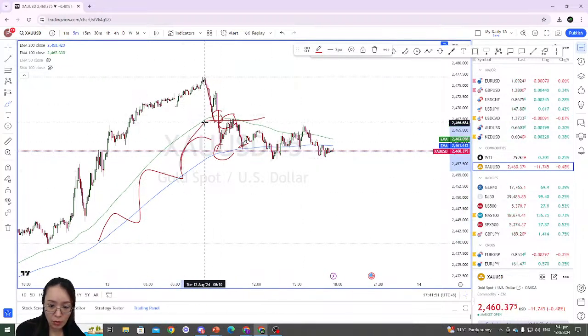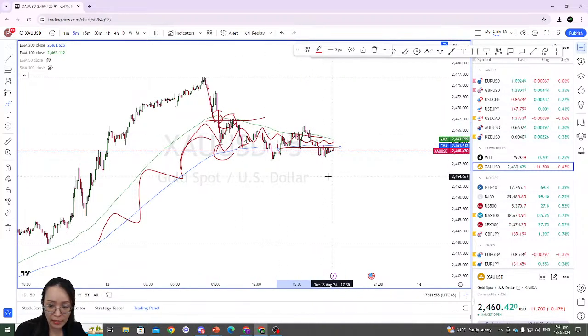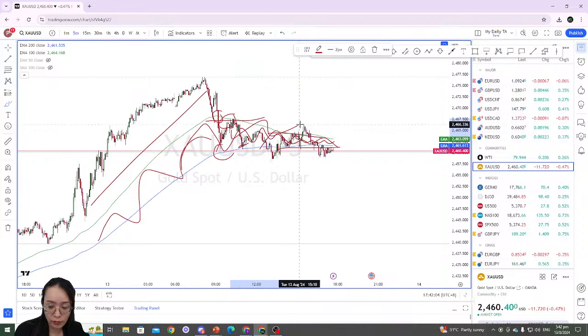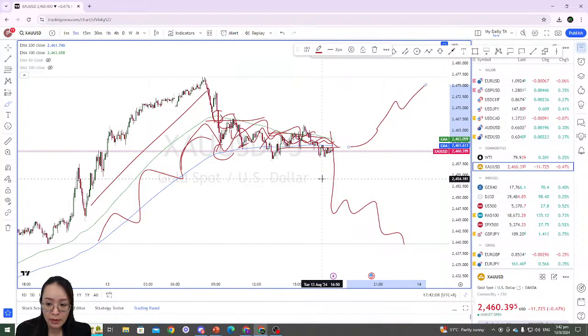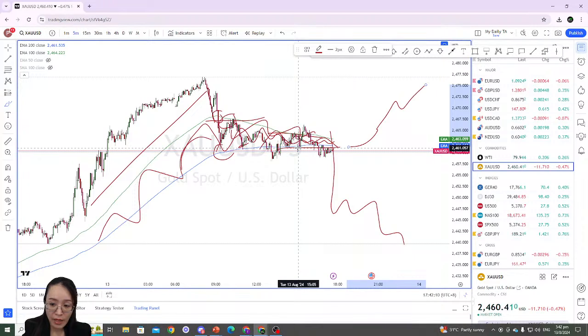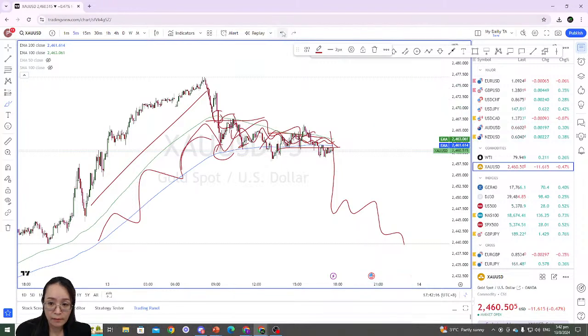Now both EMAs are close to each other, getting smaller and smaller. The gap below that is really ranging, because after a very strong uptrend, it will range first before it continues to fall or continues to go up, because later there's going to be news for the US dollar, so we need to take note of that as well.